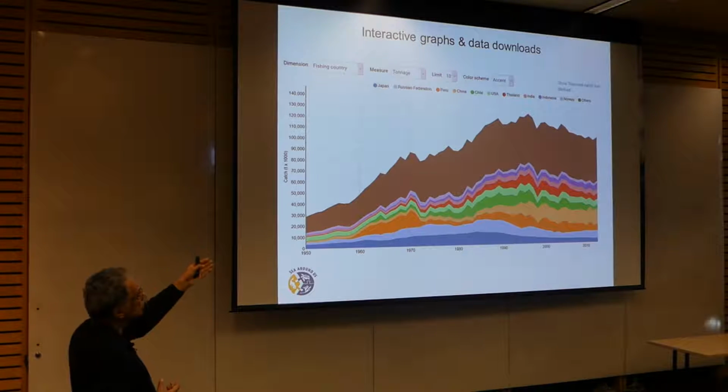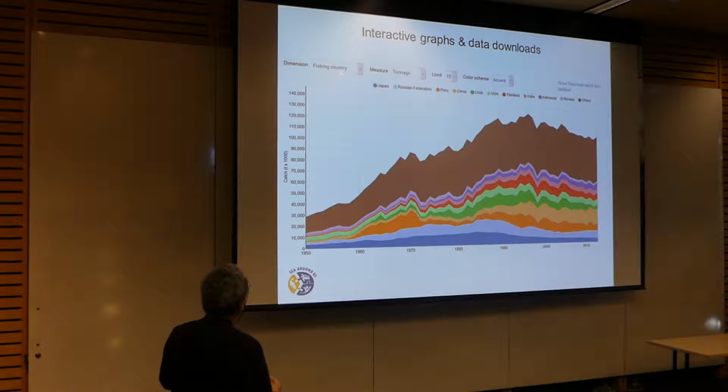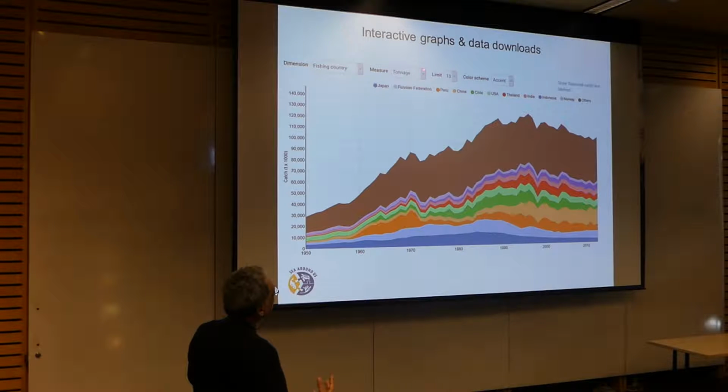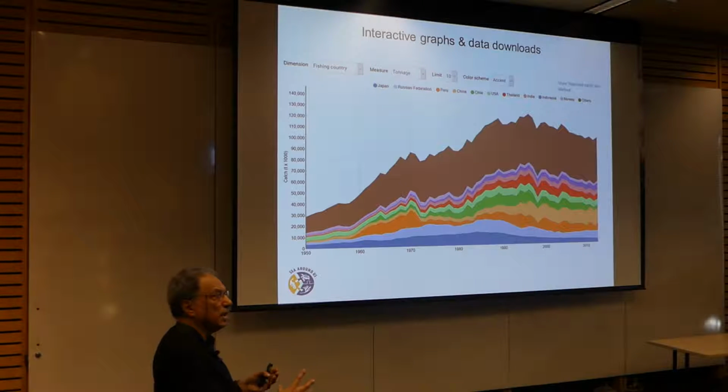So you can get an interactive graph by country. And here you can have a fishing country by another area, by LME and so on. Here you can have tonnage, or you can have dollars, 2005 dollars, for the whole world, because we have prices.